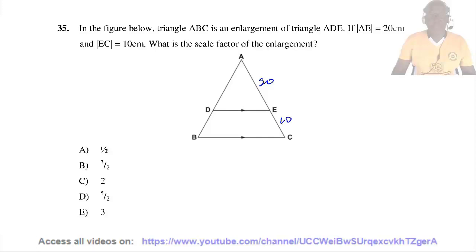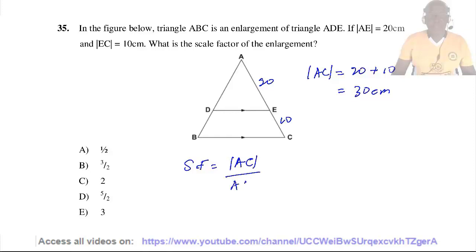Therefore, magnitude of AC equals 20 plus 10, which equals 30 centimeters. Now, the scale factor of the enlargement is going to be equal to magnitude of AC divided by magnitude of AE. AC equals 30, AE equals 20. So we shall get 3/2. So the answer is B.